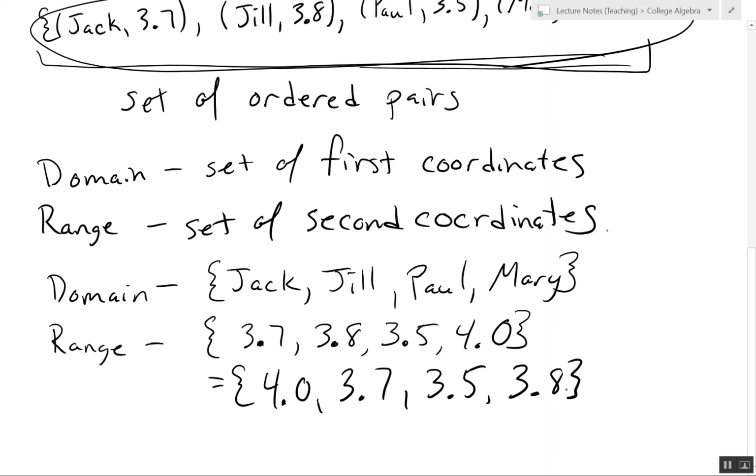With these weird little bracket notations like the one I just drew, order doesn't matter. So you can list things in any order. The elements in the range don't have to come in the same order as the things in the domain. We just care about what has arrows coming out of it and what has arrows going into it, and with ordered pairs that means what shows up first is your domain, and what shows up in the second part of the ordered pair is your range.